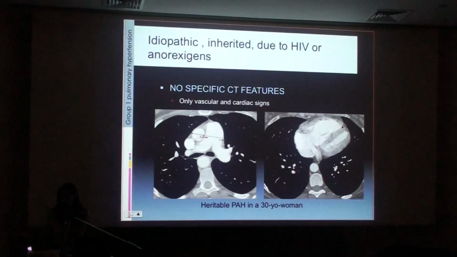And you can see the enlargement of the right ventricle, right atrium, the deviation of the septum, and the smaller left ventricle. Here it was a case of an idiopathic PAH in a 30 years old woman, and you can see it's the same signs as PH due to HIV.